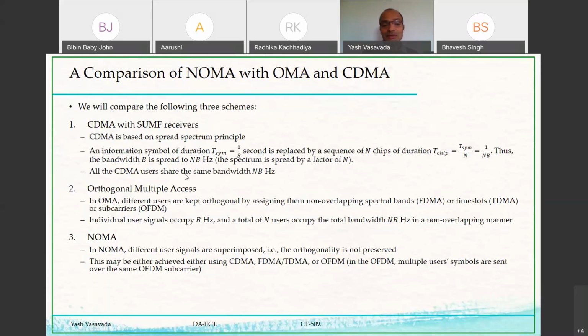When you go to 3G, it was still continuation of 1 and 2 only. Even 4G was mainly number 2, OMA, where instead of using FDMA and TDMA, 4G systems, specifically the LTE, uses OFDM as the transmission technique. So all the way until 4G, the industry and the research focus was on number 1 and number 2.